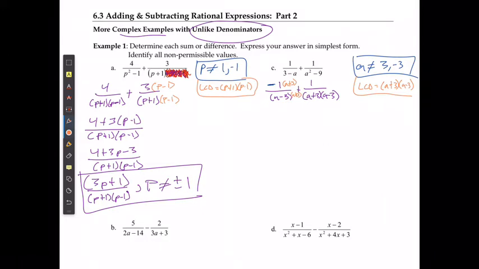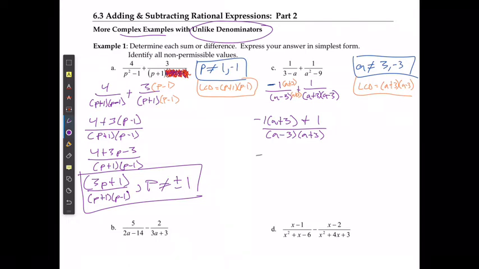So from there, I can state that negative 1 times (a plus 3), plus 1 is all going to be over (a minus 3)(a plus 3), or (a plus 3)(a minus 3), it doesn't really matter.